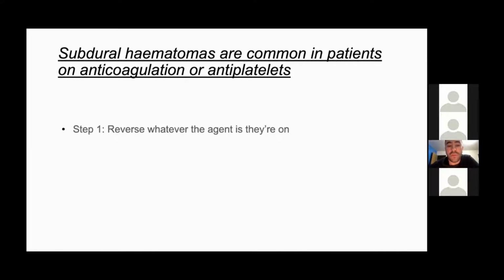And if it's any of the fancier DOACs, the direct oral anticoagulants, then it depends on whether a reversal agent is even available within your hospital, and there you're definitely going to have to discuss with hematology. So you reverse whatever agent they're on as soon as you can. You then operate as soon as you can, because you want to minimize the amount of time that they are not anticoagulated if they urgently need it.